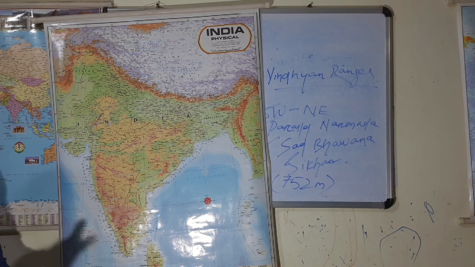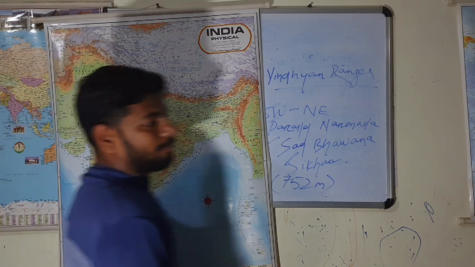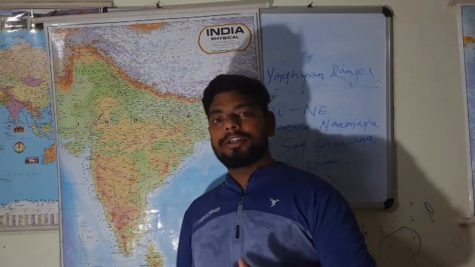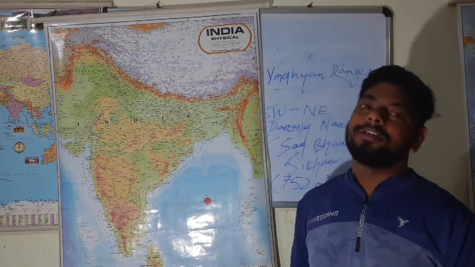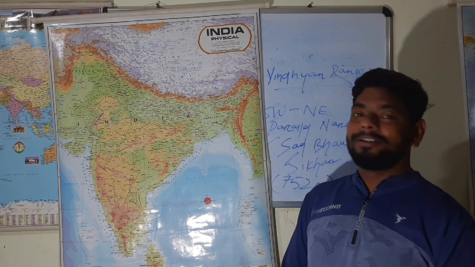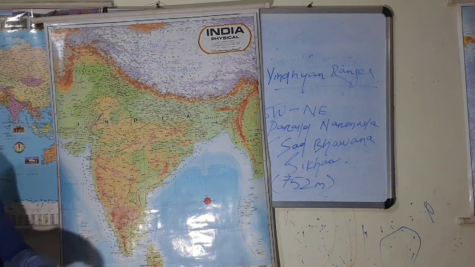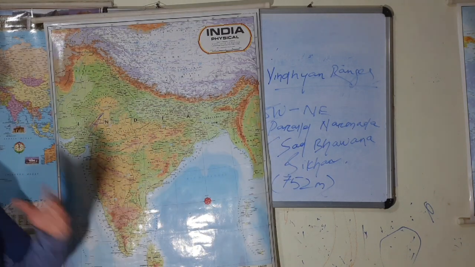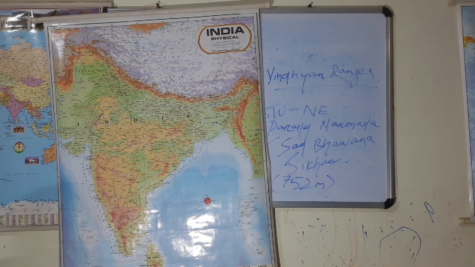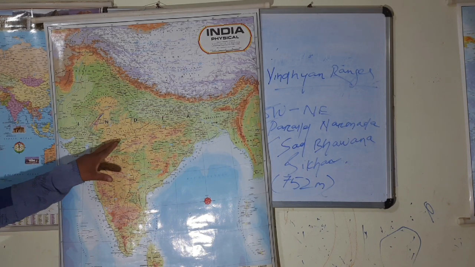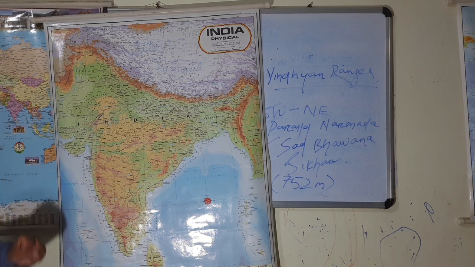Jana Gana Mana Adhinayak Jaya He, Bharata Bhagya Vidhata, Vindhya, and another one, Himachal. No, Vindhya, Himal. Tell that, not Himachal. You will mention it in the comment box. So it is one of the ranges mentioned in our national anthem too, and one of the 7 sacred ranges of our country.